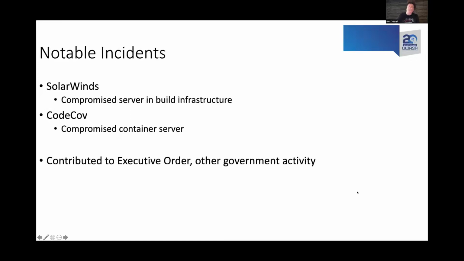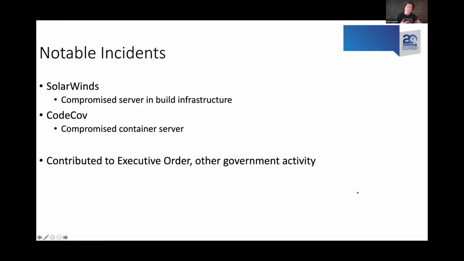There have been a couple of notable incidents in this space that make this a topic of interest out in the industry. In the SolarWinds case, a server in the build infrastructure was compromised, causing integrity issues with the software. In Codecov, they had a compromised container server that caused improper changes to their tool that led to a bunch of issues.